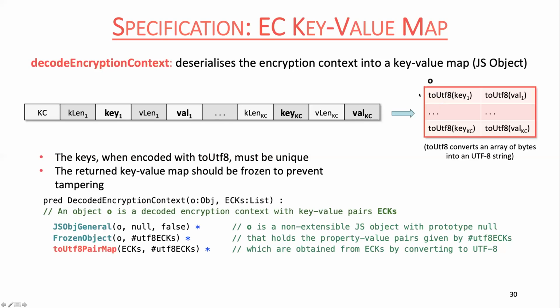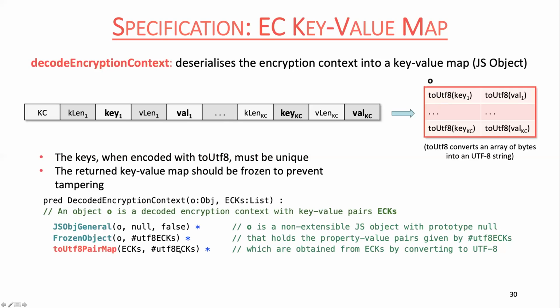And we have here a JavaScript object given by this predicate. This predicate says location O, there's no prototype change, and it's non-extensible. It's a frozen object, and this lot is just describing this information in string form.